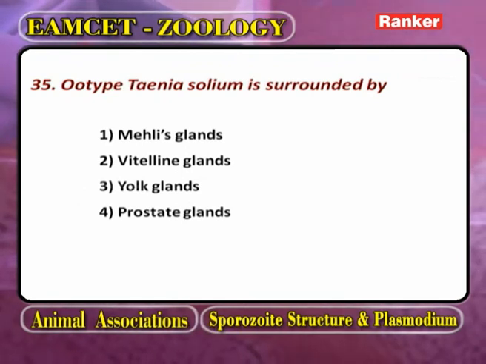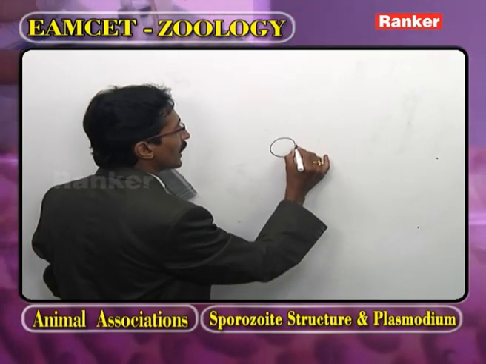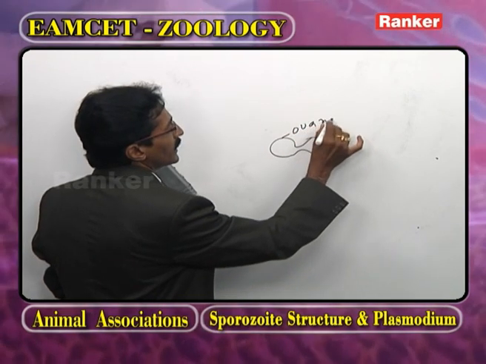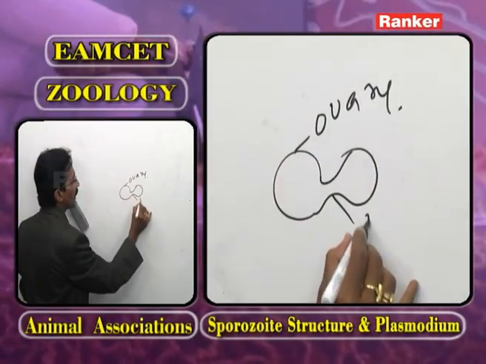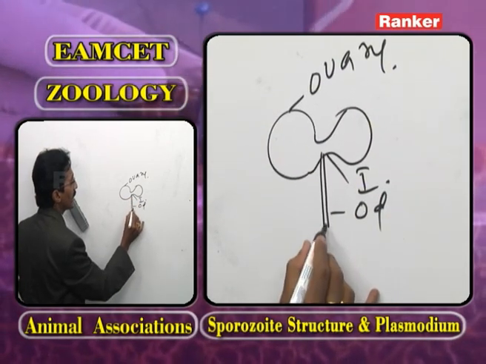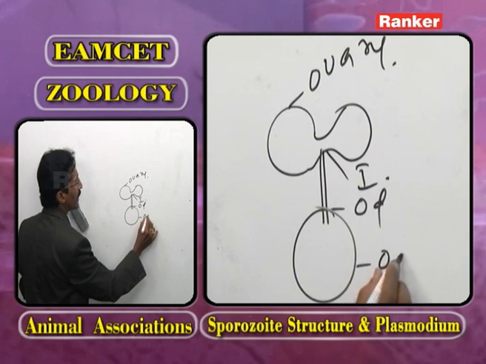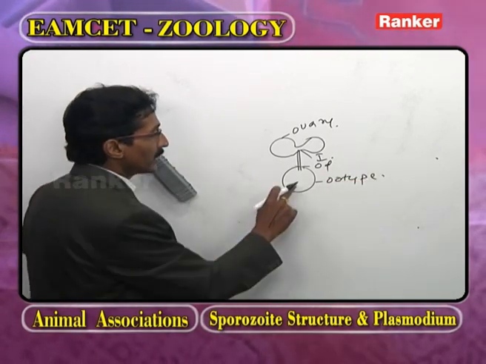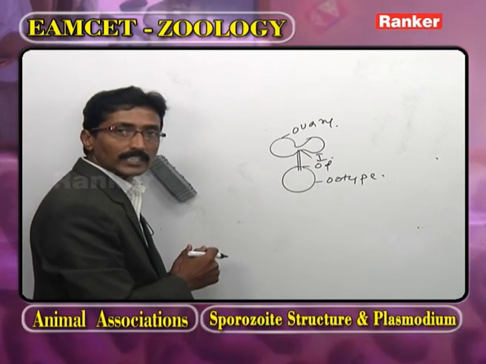Ootype of Taenia solium is surrounded by what? As we observe the female reproductive system of Taenia, this part we call the bilobed ovary, this part the isthmus, this one the oviduct, and this part the ootype. What is the shape of the ootype? Round in shape. It is the site of fertilization.